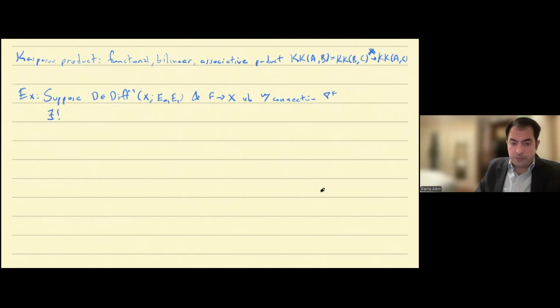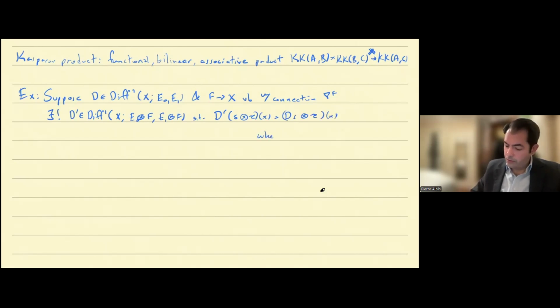So one way of stating this is that there is a unique differential operator D prime of order 1 acting between E0 tensor F and E1 tensor F, such that D prime applied to a simple tensor section is going to be this whenever nabla of tau at x is equal to 0.